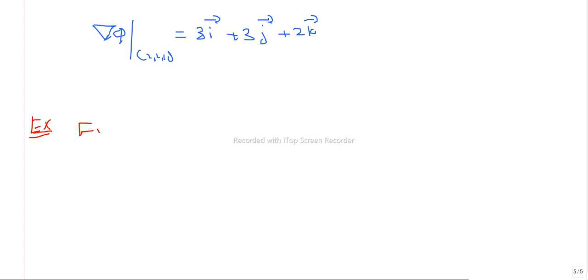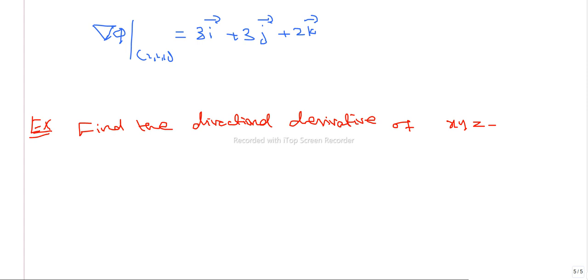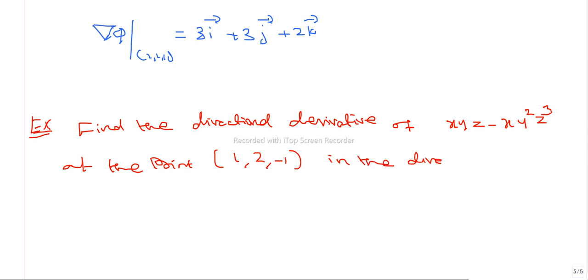find the directional derivative of the function xyz minus xy²z³ at the point (1, 2, -1) in the direction of the vector i vector, j vector minus 3k vector.